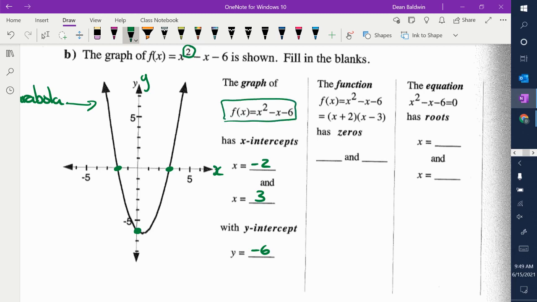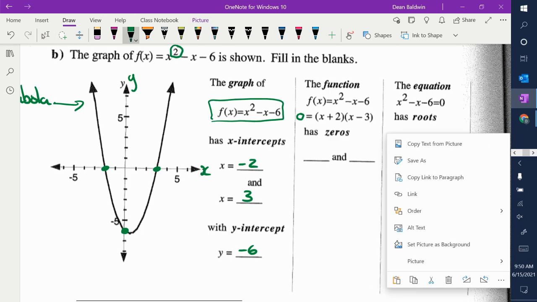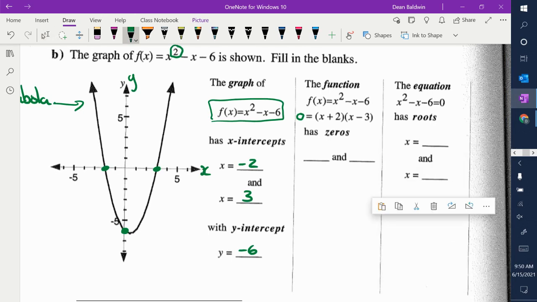Now, if I said, what are the zeros of this function? That is taking the function, setting it equal to 0, and then because that's a quadratic, we would factor it, just like we did on the test. So if you have this and this, what makes this bracket 0? -2 and 3.